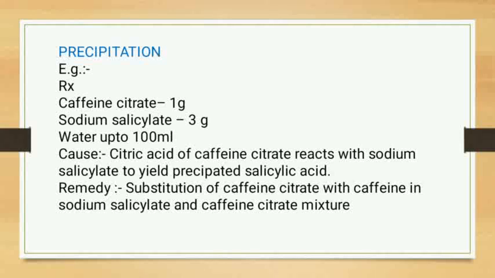Here the cause of incompatibility is that citric acid of caffeine citrate reacts with sodium salicylate to yield precipitated salicylic acid, and to overcome this, substitution of caffeine citrate with caffeine and sodium citrate mixture. So if you replace this caffeine citrate, then this reaction can be avoided and you can form a more stable product.